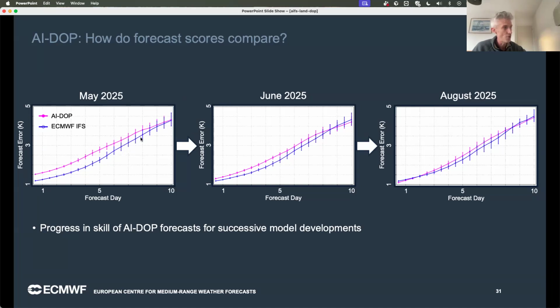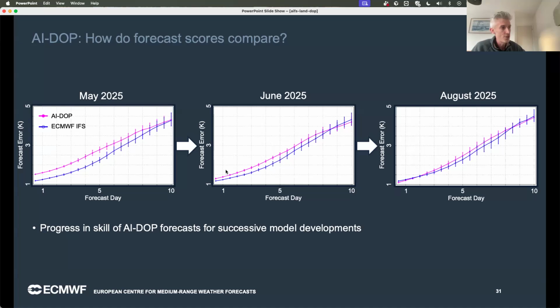So you can see the error grows as you go through the forecast. Obviously, we get further away from the initial conditions, and the error in the forecast grows from about 1 to about 4 or 5 Kelvin. And so you can see initially the blue line is the IFS and the pink line is this AI DOP system. Initially, we're quite far away from this.